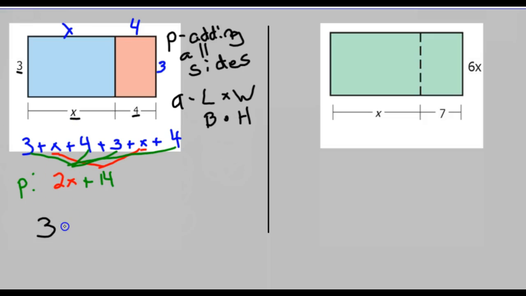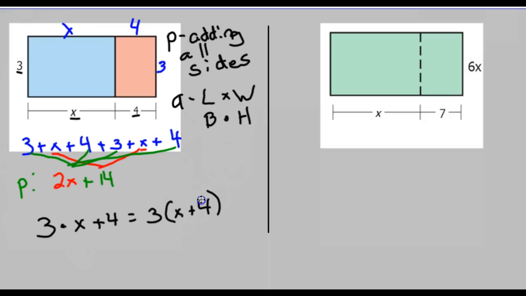And we're multiplying that by our length, or our base. So here we have an x, and we also add on 4 to this. So we have to add 4. Now another way to write that is 3 times x plus 4.